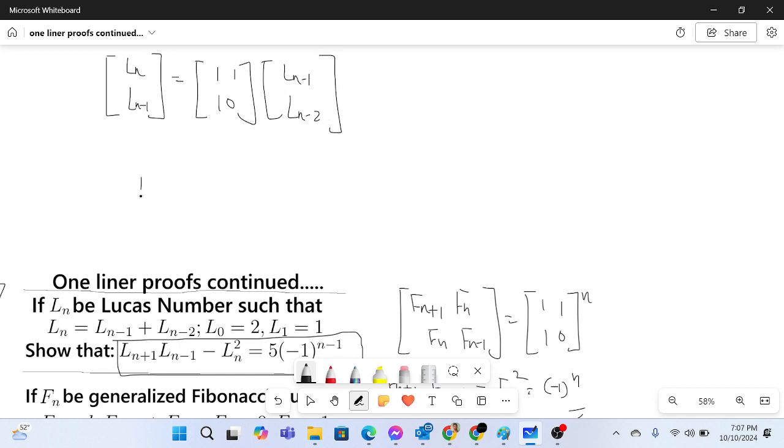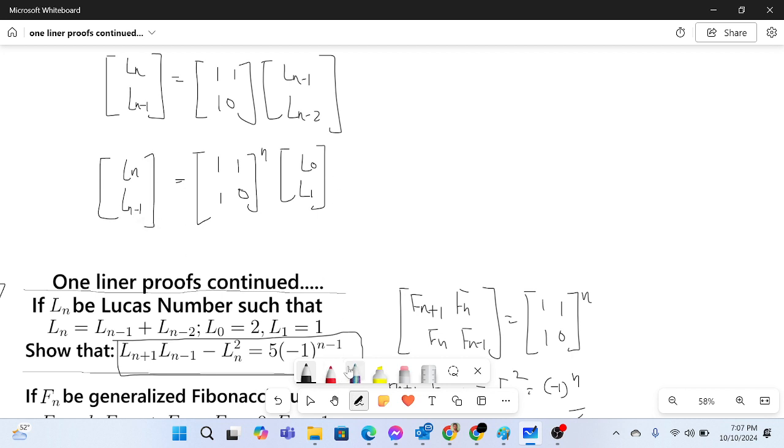Because L_n is just defined as L_{n-1} plus L_{n-2}, which is given by the first row, and the second row will just be L_{n-1}. So you see that, right? Now let's say if I have L0 L1 over here, and if I multiply with this same matrix n times, this will increase by n, so we will basically just have L_{n-1}, right?